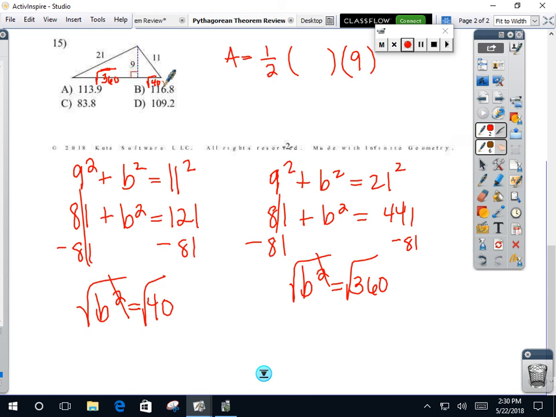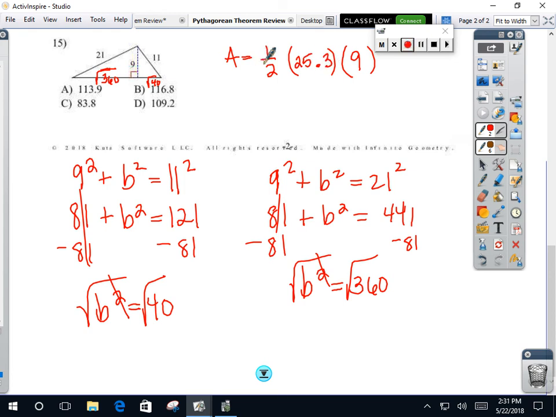What does and mean we need to do? Add. So in your calculator, add the square root of 360 plus the square root of 40. What's the square root of 360 plus the square root of 40? 25.3.